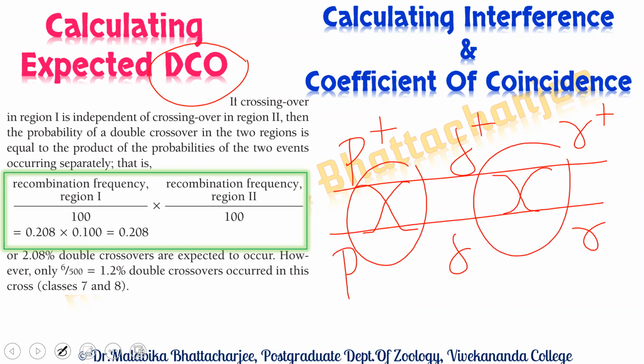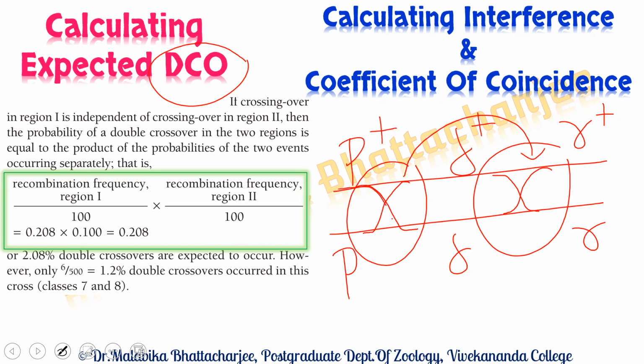But in reality, if three genes are sitting adjacent to each other, then chiasma formation and crossing over between two genes tends to interfere with the chiasma formation and crossing over between the other two genes.